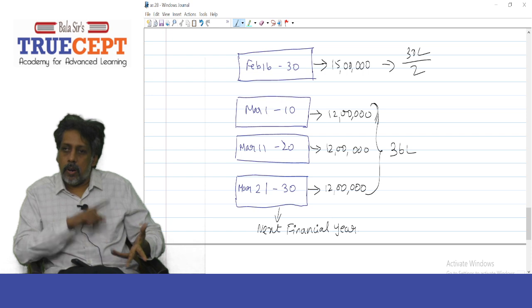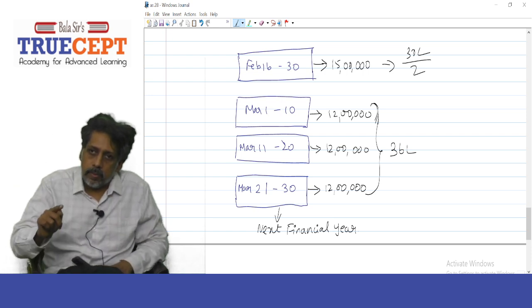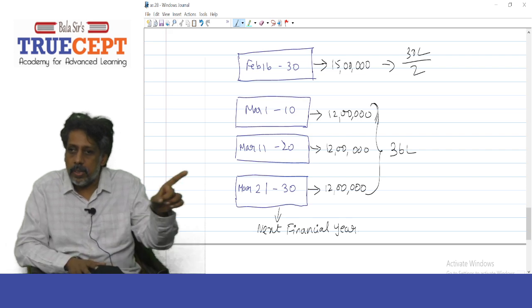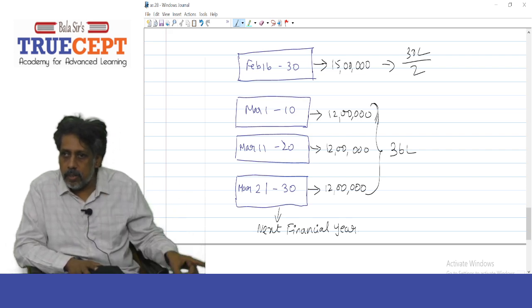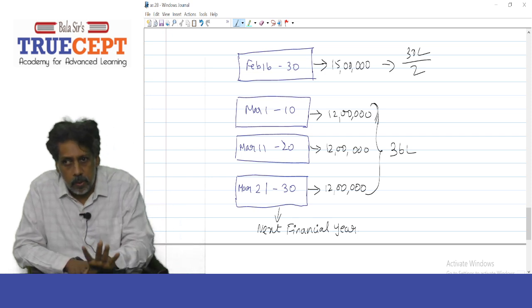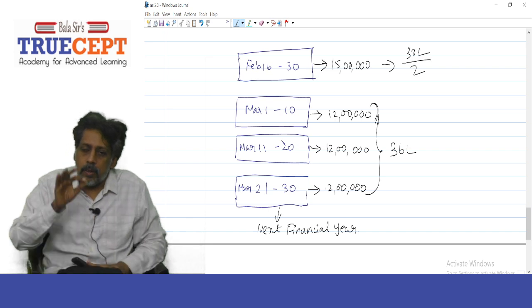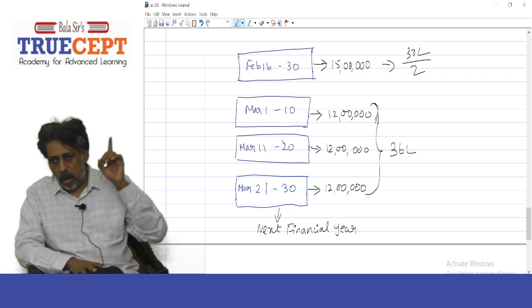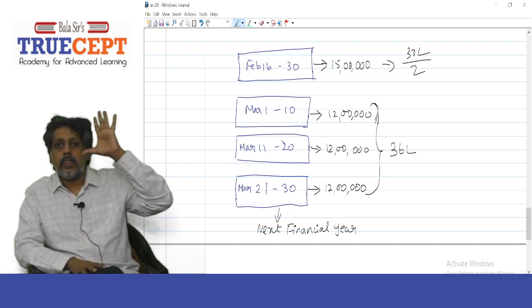The amount you want to make a provision for is the loss you'll suffer on returning the goods. You will not make that profit. Once the goods are returned by customers, you don't earn the profit on those goods. Yes or no? So for that, you are supposed to make a provision in your books. Is that clear?